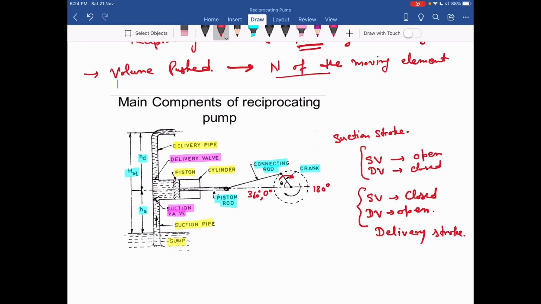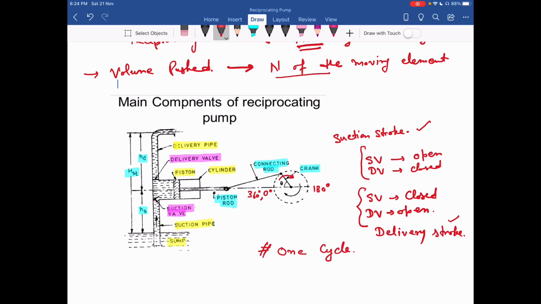Now these two strokes, suction stroke and delivery stroke, complete the one cycle of reciprocating pump. So in one cycle, you can say we have two strokes.